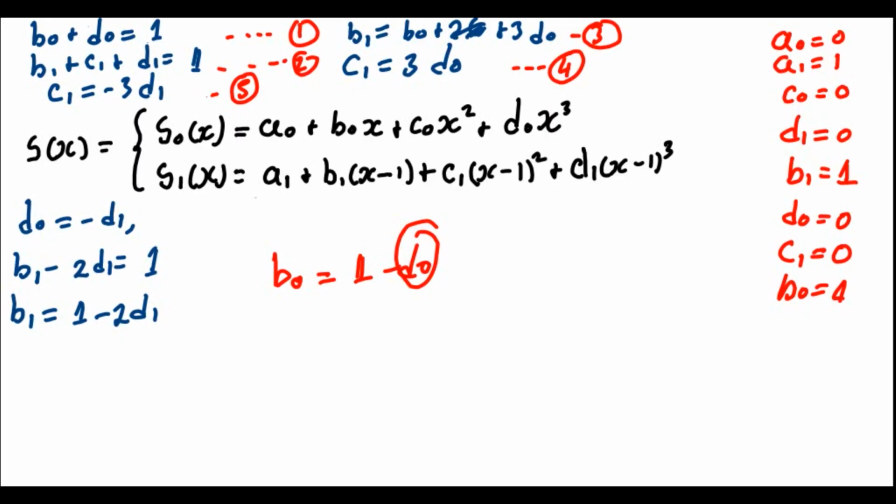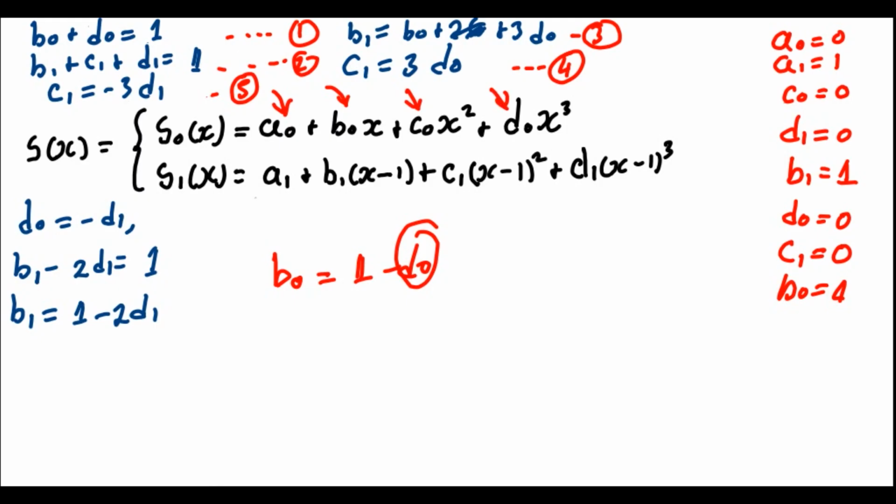Do we have the correct value for a sub 1? Yeah, it is okay. So what is remaining is just for you to substitute here. What is our a naught? It is 0. b naught is 1. c naught is 0. d naught is 0.